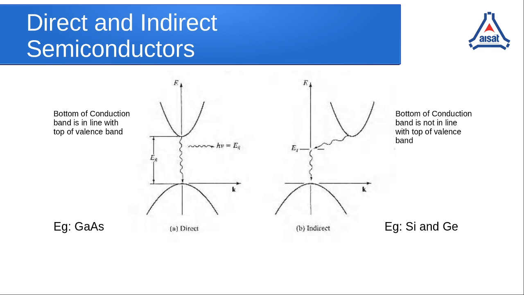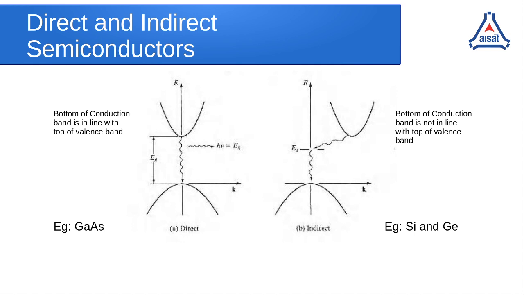Since the bottom of conduction band is not in line with top of valence band, the electron from the valence band should have a momentum change to reach the conduction band. Since energy is required for this momentum change, there is no excess energy to be released as light. So indirect semiconductors cannot be used for the purpose of LED.